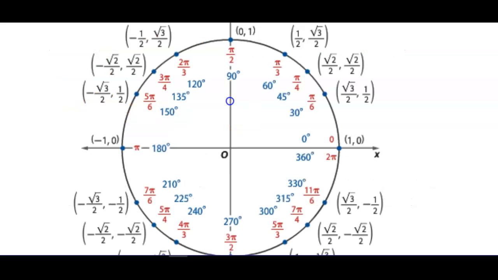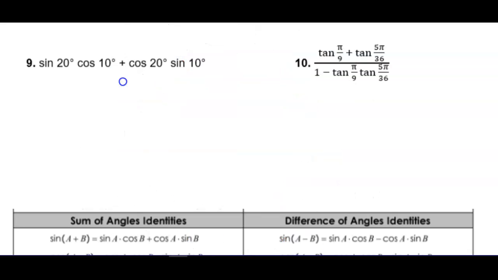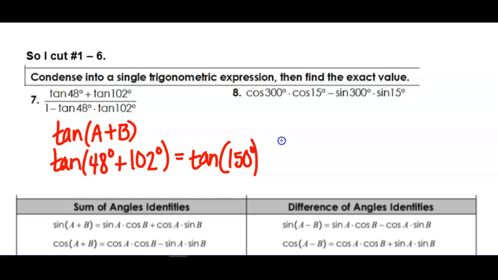So then you can go to your unit circle to 150 degrees and the tangent is y over x, so you get 1 over negative square root of 3 or negative square root of 3 over 3. Okay? So all we did was substitute into the formula and then we went to the unit circle. And that's what it says to do, then find its exact value. Some of them we don't even have to do that last step.